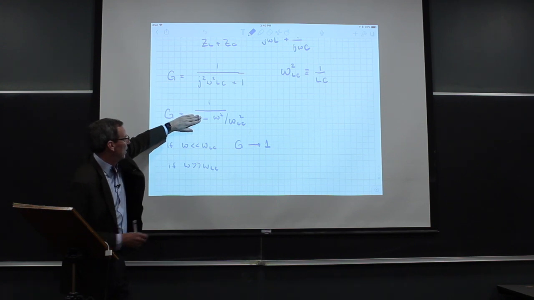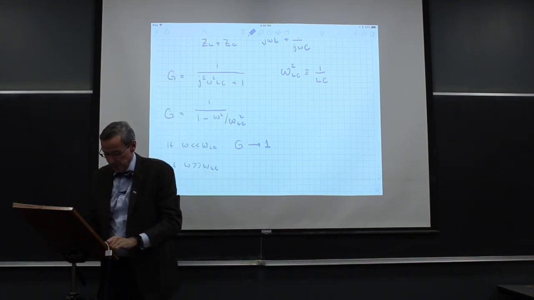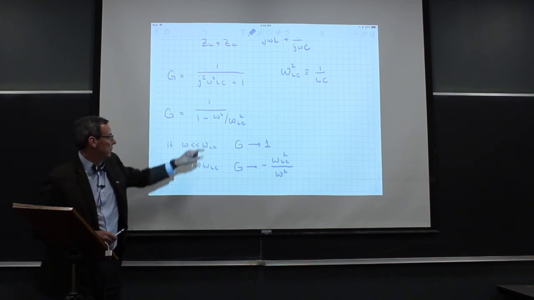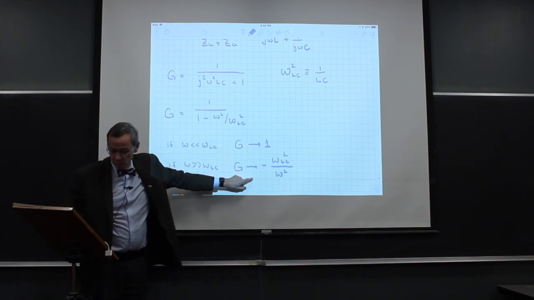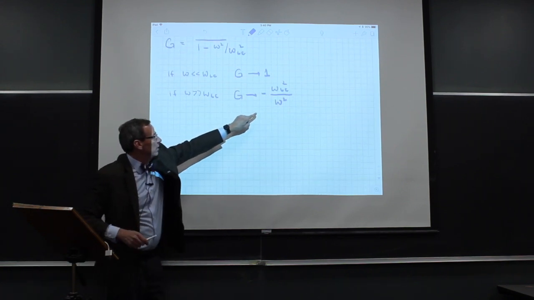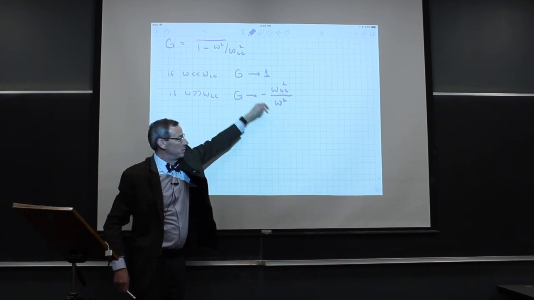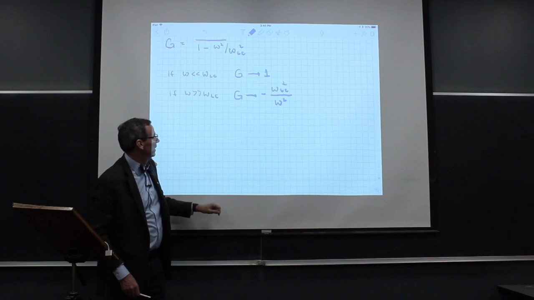We have minus 1, and we're just going to get the omega LC up above. The gain is going to go to minus omega LC squared over omega squared. So it's going to fall off like 1 over omega squared. On a Bode plot, that means it's going to have a slope of 40 decibels per decade.